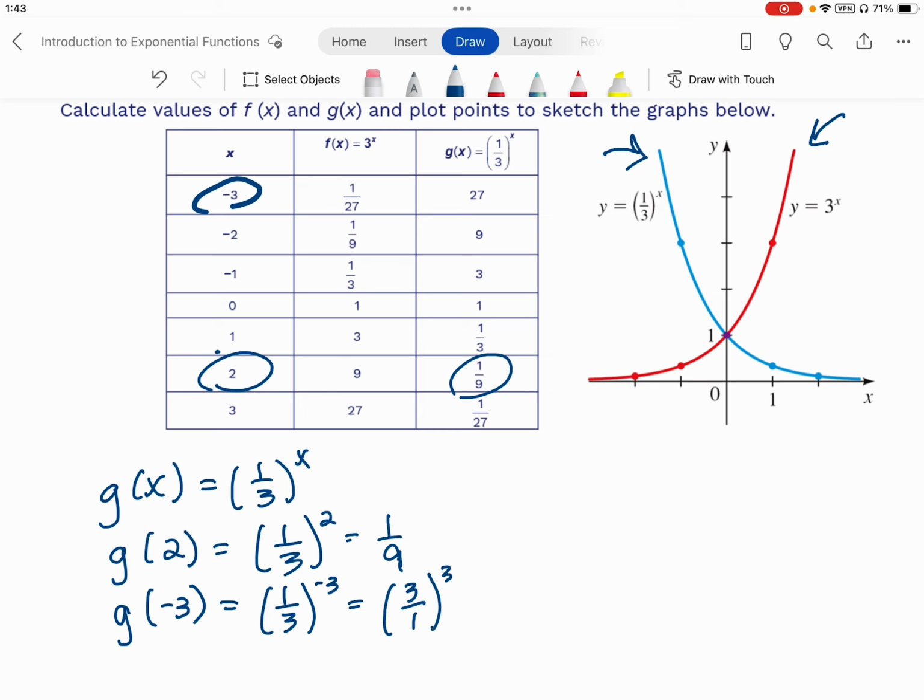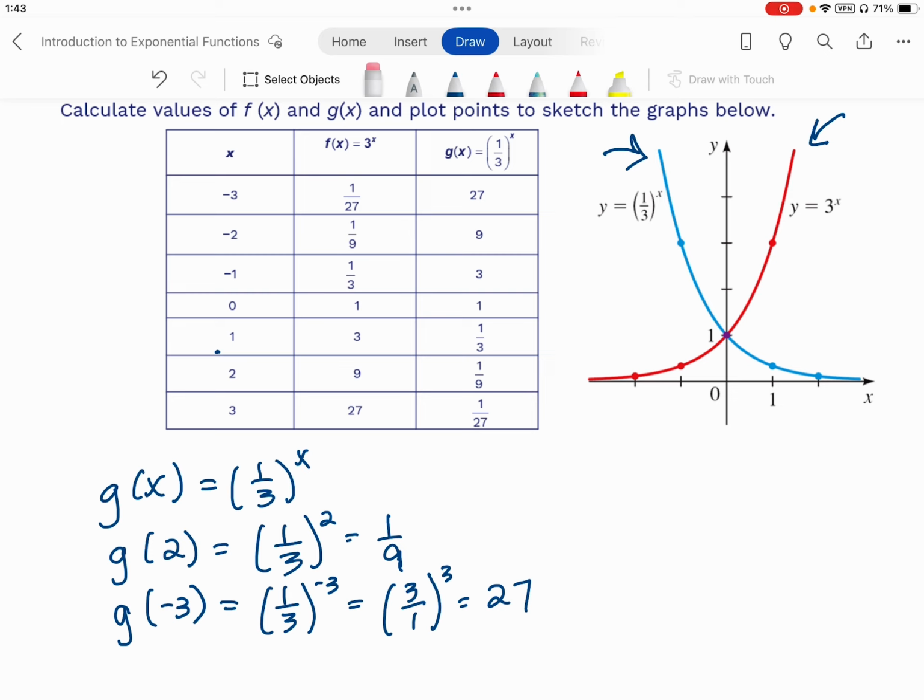So you notice I'm using the reciprocal of the 1/3, and then that's just 3 to the third, which is going to be 27. And so that's how they get that. So you have to be a little careful when you're plugging in negative numbers because your variable is the exponent, and you have to remember to follow your exponent rules when you are evaluating for a negative exponent.